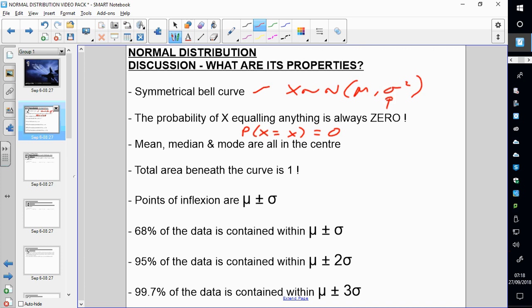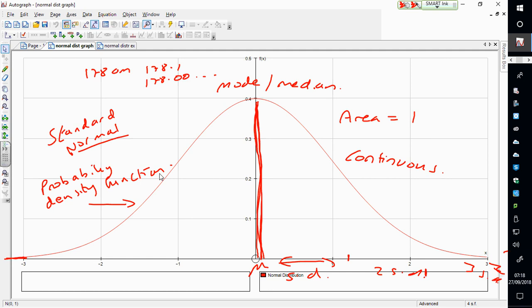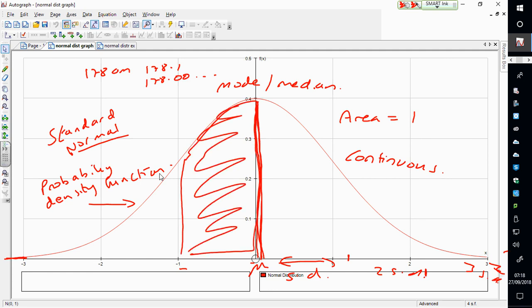Remember, when we're using a probability density function, we're using area. So if I want to know the probability of being between -1 and 0, I would find this area here, okay? But obviously the probability of being 1 is just this line here, and a line has 0 thickness.